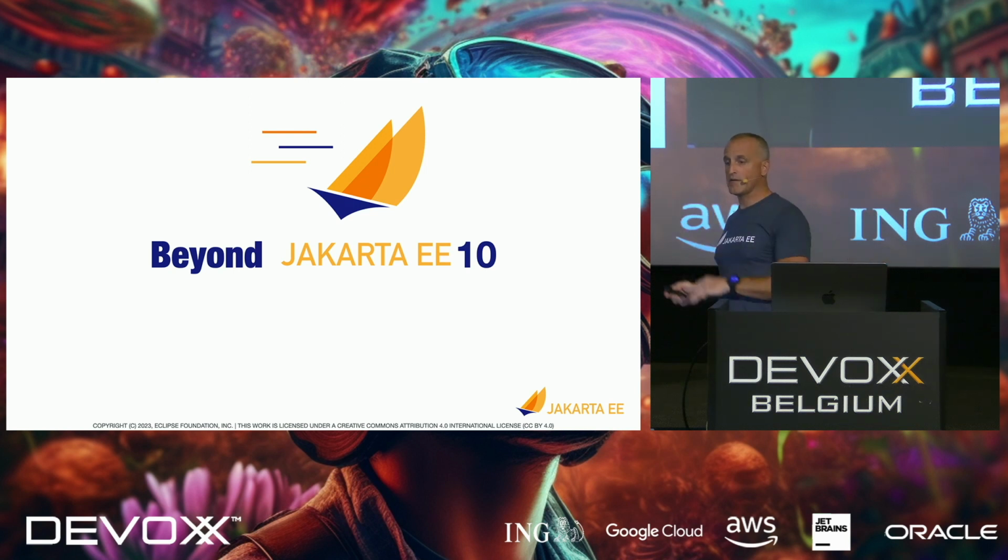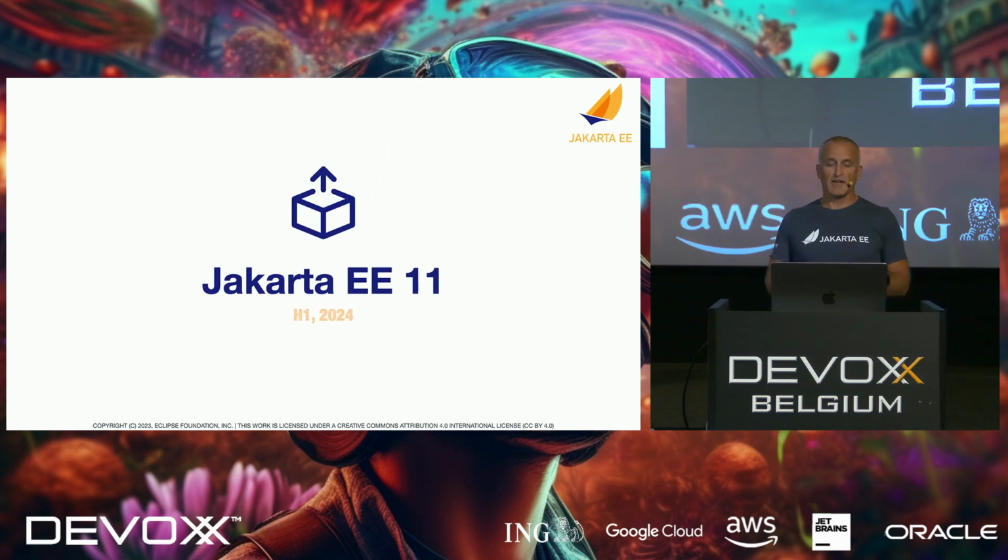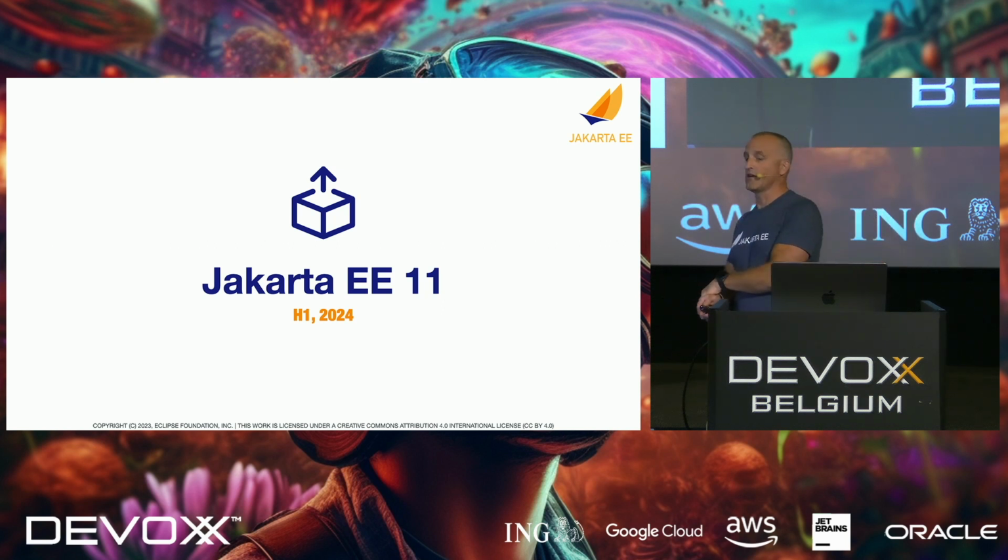So it may be good for you to pay a little attention to what we're doing with Jakarta 11, because it will come to you right after. And we're planning on doing Jakarta 11 around summer next year. So it's only like 9 months out or so.